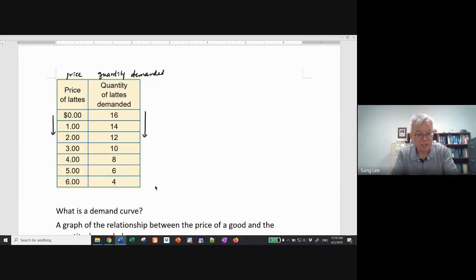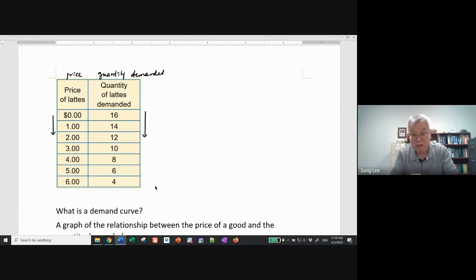Now, in this demand schedule, how many different prices do you see? Well, there are 7 different prices. First, free, then $1, $2, and all the way up to $6. Then how many different quantities demanded do you see? Now try to recall the definition of a quantity demanded.